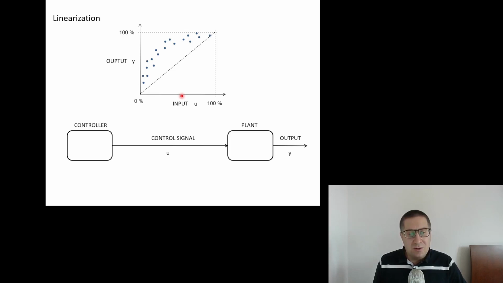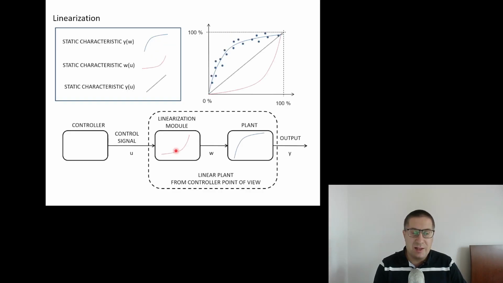So in order to get rid of this nonlinearity, we can add a dedicated algorithm in the control system that is responsible for linearization, like this one. Right? So this is a plant, but this is a part of our control system. We can add such a module that is symmetrical to the plant characteristic.